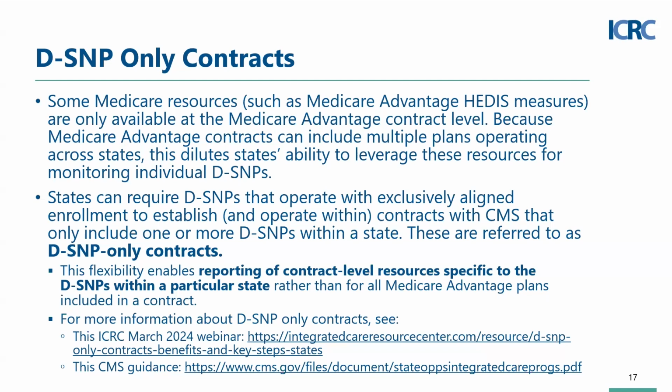While states exercise this D-SNP-only contract option, it enables reporting of contract level resources to be specific to the D-SNPs that are offered by a particular Medicare Advantage sponsor within a particular state. Some examples of these contract level resources include Medicare Advantage HEDIS measures and the Medicare Star Rating system.